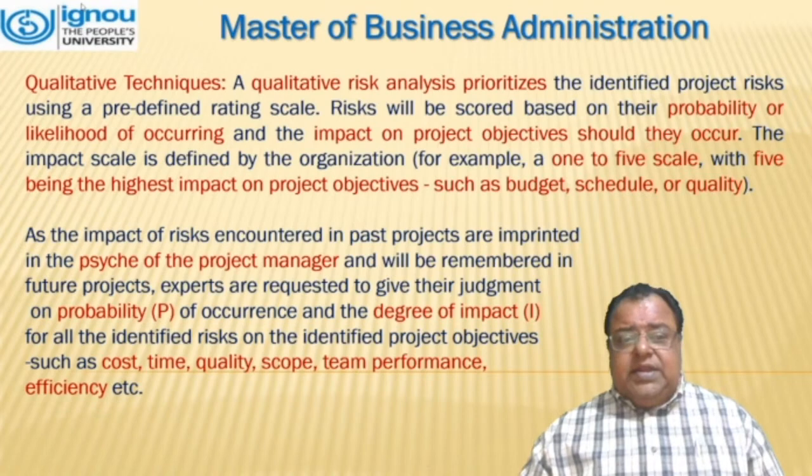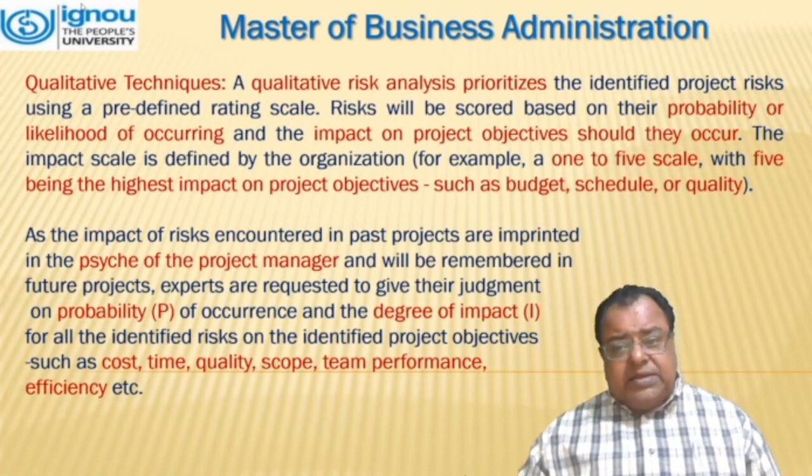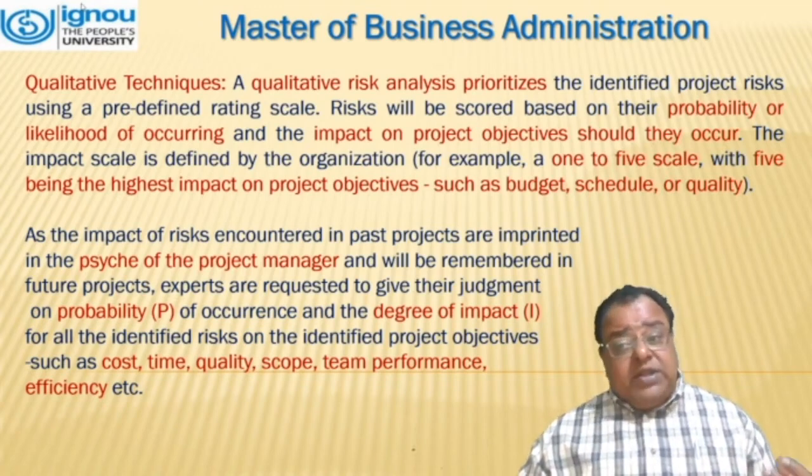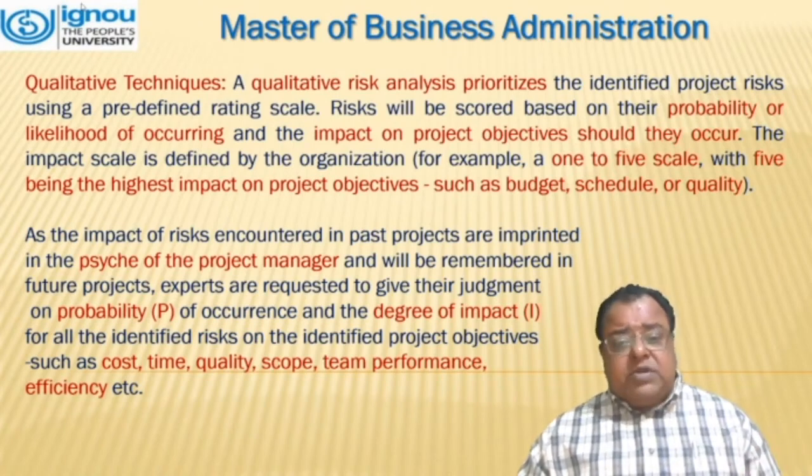Qualitative techniques. A qualitative risk analysis prioritizes the identified project risks using a predetermined or predefined rating scale. Risks will be scored based on their probability or likelihood of occurring and the impact on project objectives should they occur.